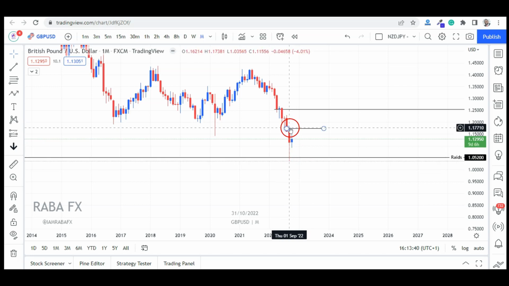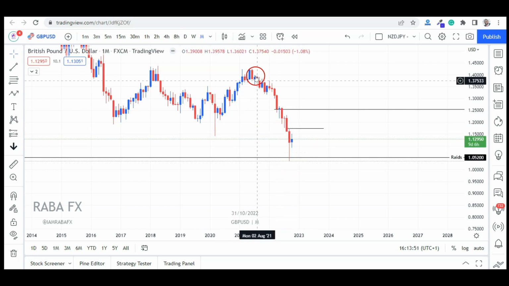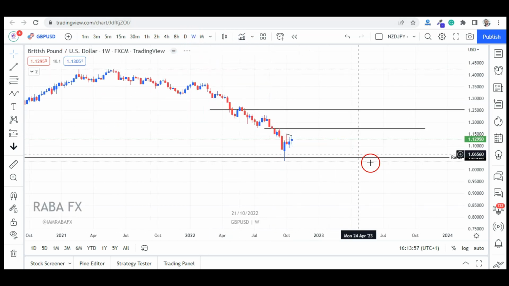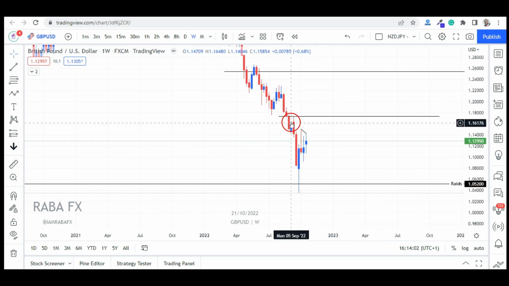Monthly high and low are liquidity points. If price sweeps this liquidity and trades back in, then I will know that okay, the next target will be this monthly high and low, and we have monthly swing high and monthly swing lows. They are also liquidity. The same thing with weekly. Your weekly time frame, like in this case here, you can see market went up, took out this last week high, went lower.